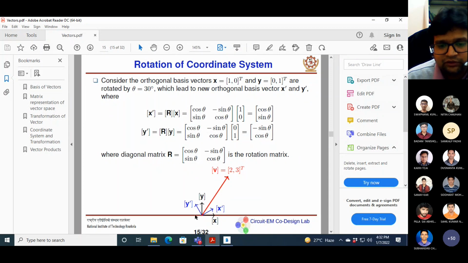The projection in the y direction is basically cos theta. That's why the rotation matrix is something like this. This is the reason how the rotation matrix is formed. Now this matrix plays an important role in coordinate transforms. We'll see later on.